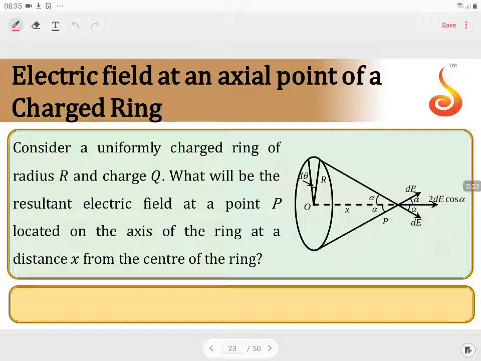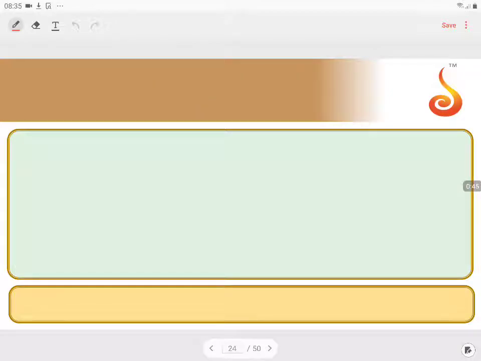Now we are finding the electric field at a point on the axis due to a uniformly charged ring. The total charge on the ring is Q. We need to find the electric field at a point on the axis of the ring. Say R is the radius and X is the distance of the point P from the center. So consider a uniformly charged ring.